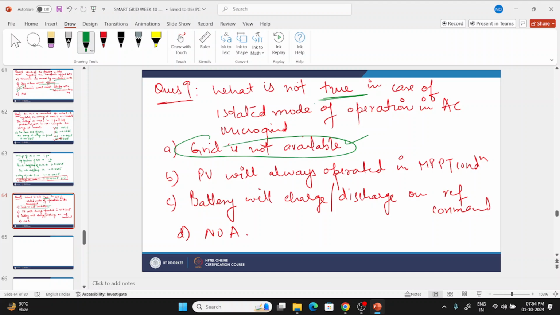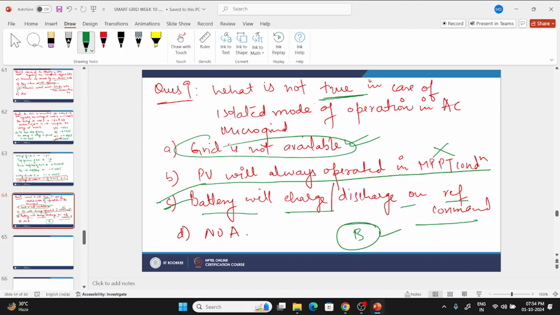It is not available. तो ये तो सही है. सेकंड क्या? PV will always operate in MPPT mode. No, it is wrong. PV may or may not operate in a MPPT mode. Battery will charge and discharge on the reference command. Yes, it is dependent on the reference command whether it has to charge or not. So from here we can say that B is the correct answer to this question.